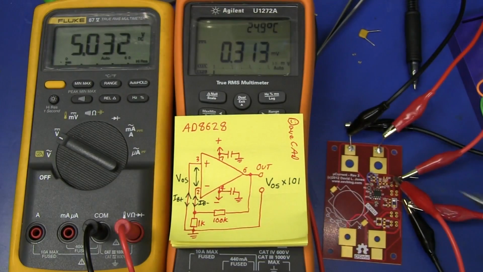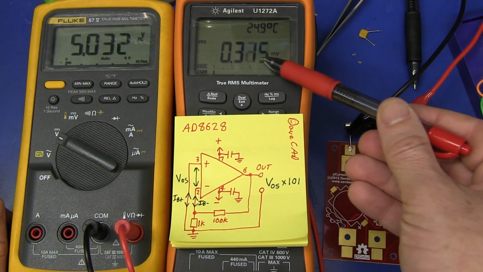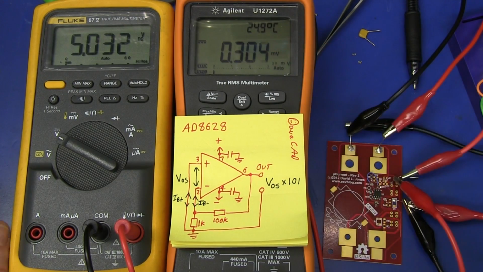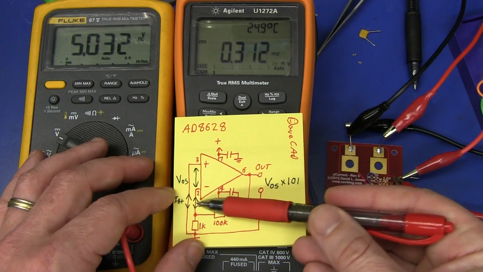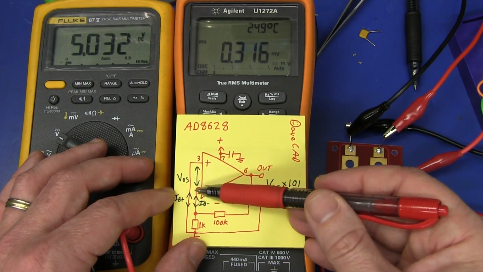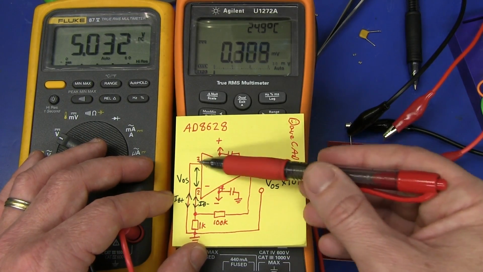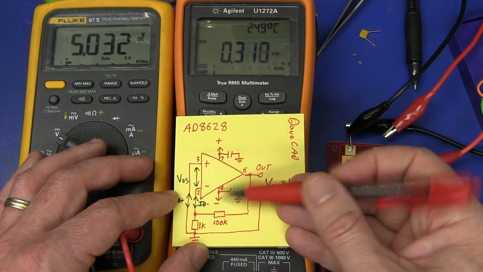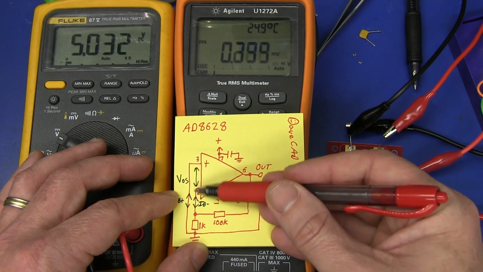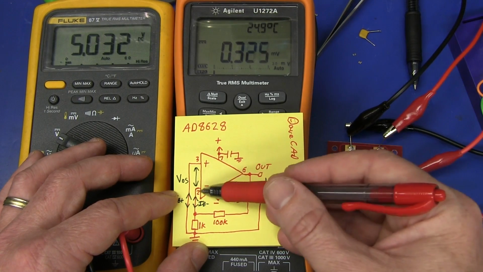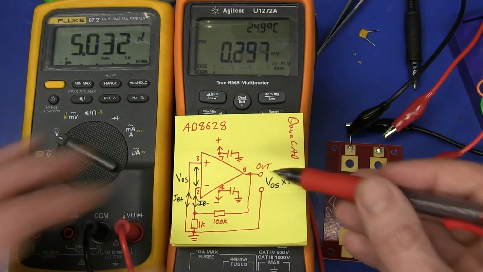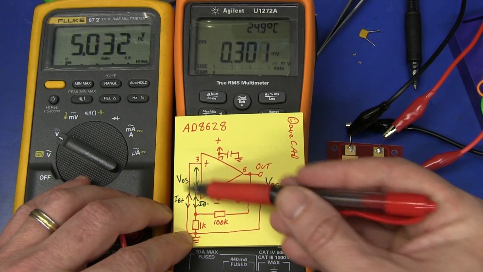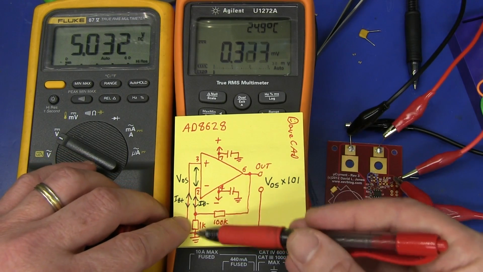Let's have a look. Is it a coincidence that our output is just over 300 microvolts here? Let's do the math, shall we? Let's ignore the non-inverting input. Let's just look at the inverting input here. If our input bias current, let's assume it's going in to the pin, then if it's 30 picoamps going in, you remember before, if we ignore the V offset, then there's no voltage drop across this resistor.